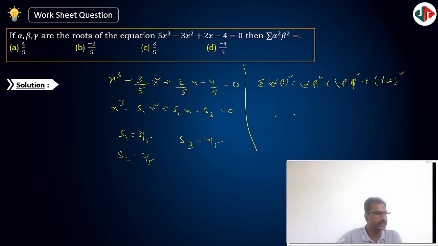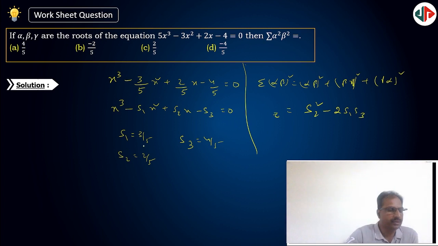How to write a square plus b square plus c square? Instead of doing the procedure, you can write down the formula like this also. It will be equal to s2 square minus 2 s1 s3. All the values of s1, s2, s3 are known. Substitute and simplify.